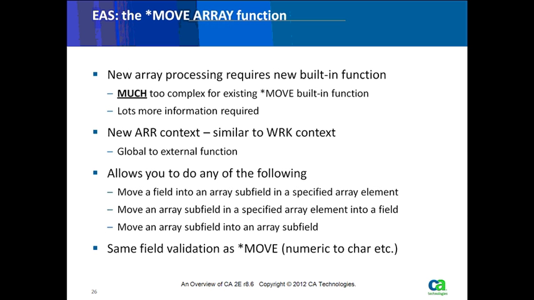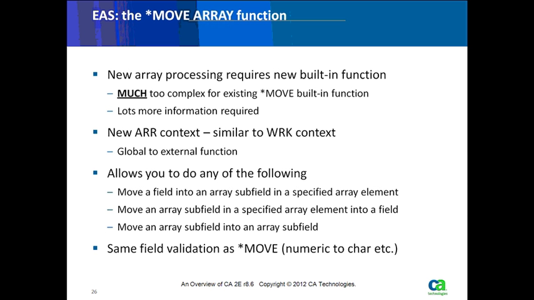So we said, okay, we're going to create this new star move array function, which, as I said, you can do any of effectively three things. You can move a field, let's say a work field, into one of the fields within one of the individual elements within the array, or you can do the reverse.